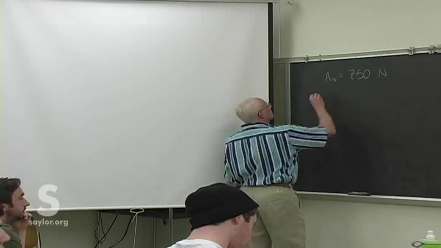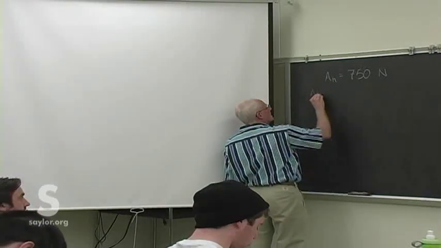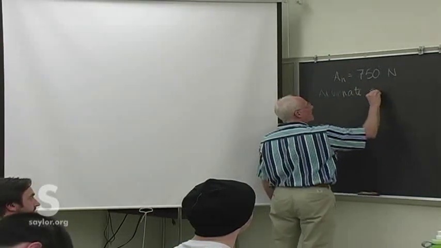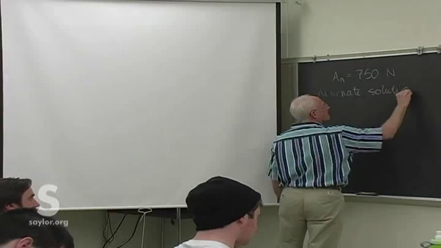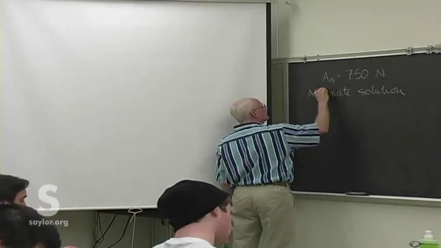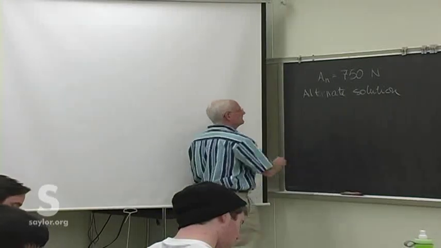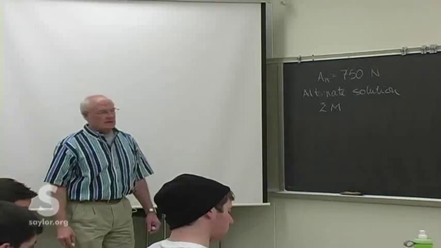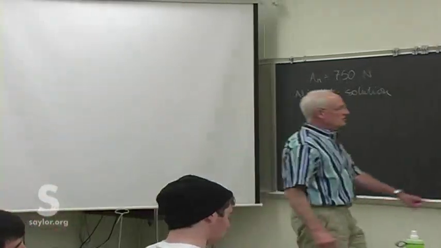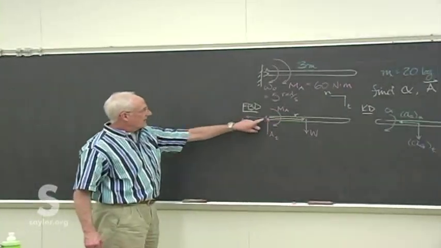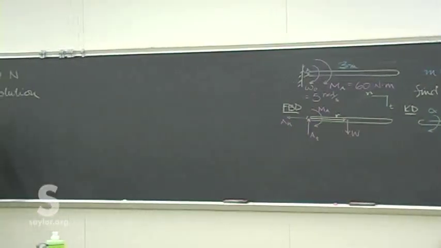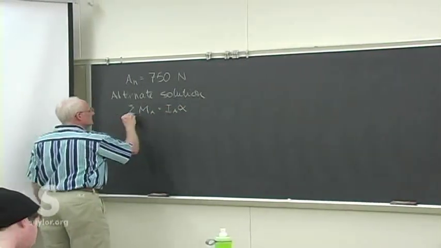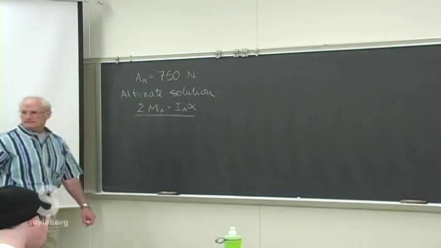But we have an alternate possibility, so alternate solution. Let's sum the moments, not about G, but about A. We have two forces that go through A. One of them is unknown, so let's sum the moments about A and see if that isn't a little bit easier.